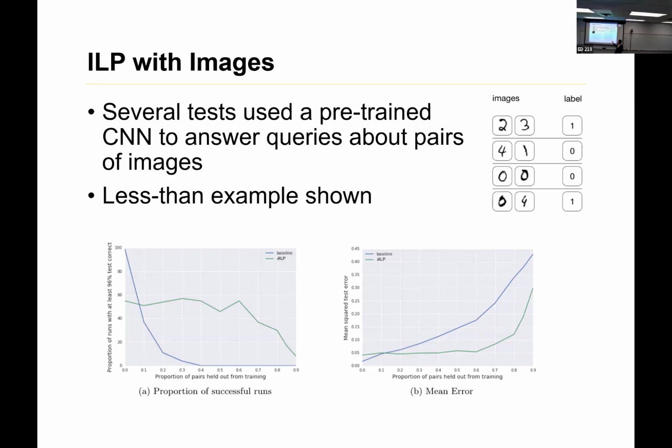So they look at, again, a proportion of successful runs based on pairs held out from training, and also look at mean squared error, how that goes. So not too bad. You don't really start taking off with the error until you're hitting 60, 70%, and with the baseline, it's already exceeding quite a bit early on.